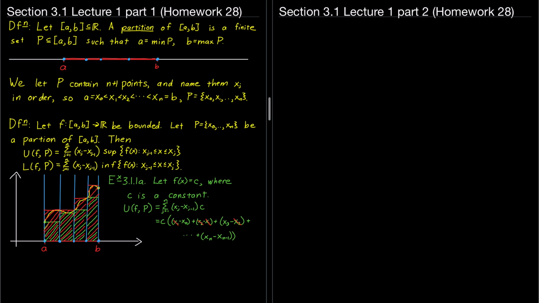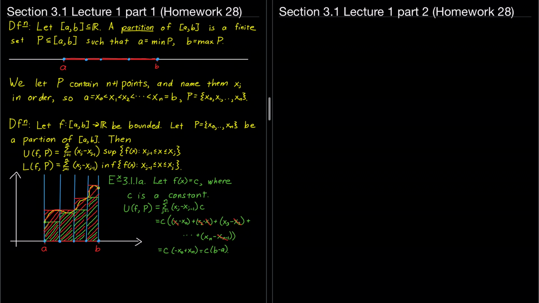And then the x3 would cancel with something. Eventually, the xn would cancel, and we end up at the end of the day with just c times negative x naught plus xn, which is just c times b minus a.